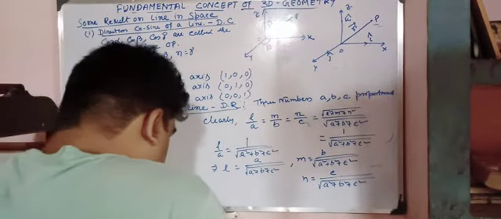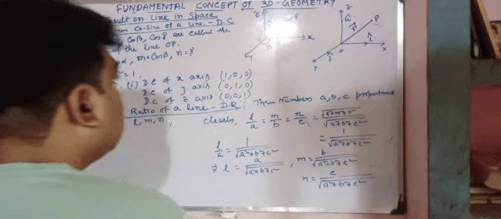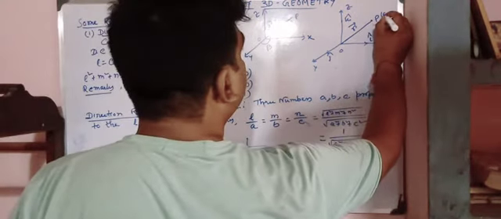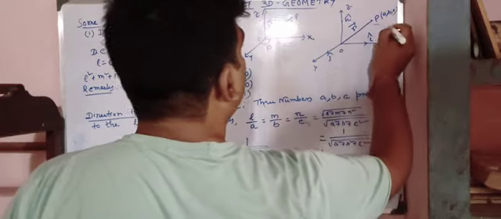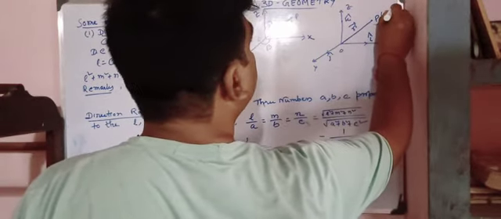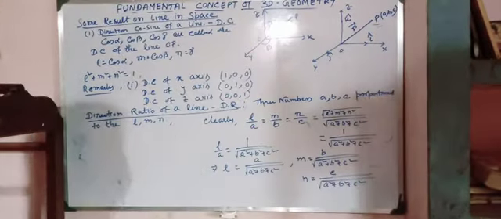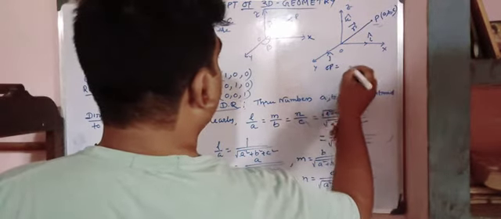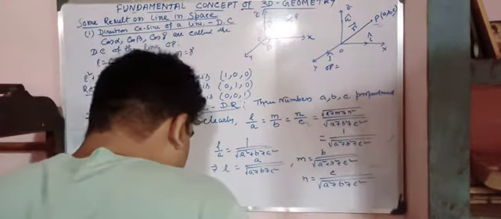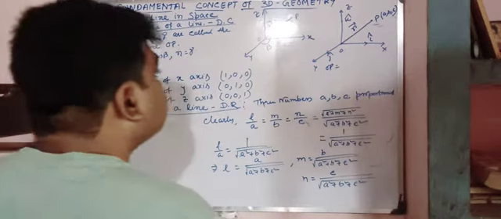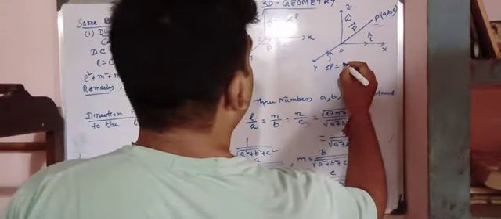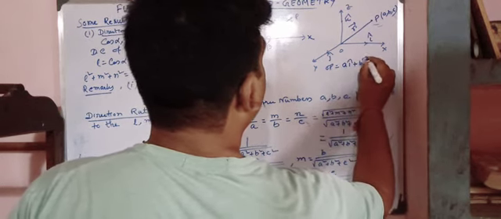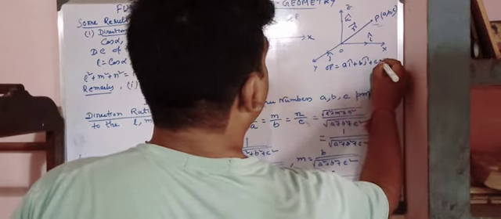So how can that r vector be represented? If the coordinate of point P is A, B, C, then the position vector of OP is A i hat plus B j hat plus C k hat.